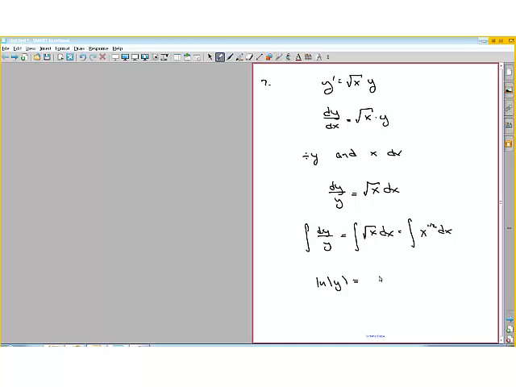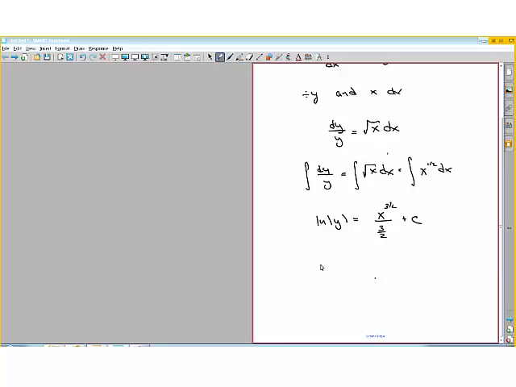To integrate that, we add 1 to the exponent and divide by the new exponent. We add our arbitrary constant, which we could have added to either side, doesn't matter. So we get the natural log of the absolute value of y is equal to 2/3 x to the 3/2 plus c.